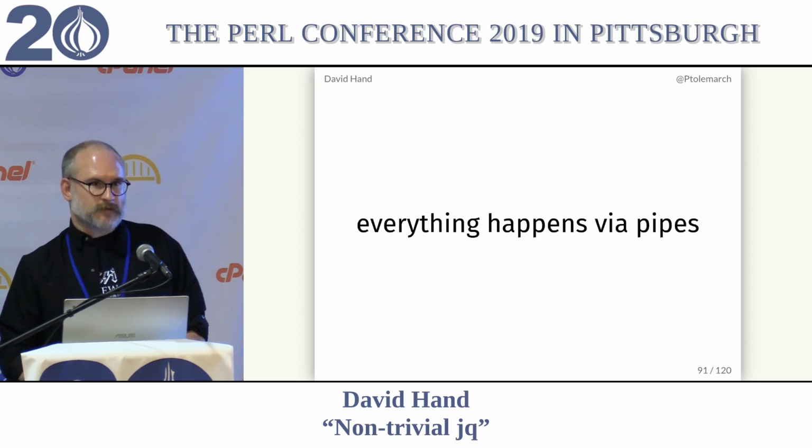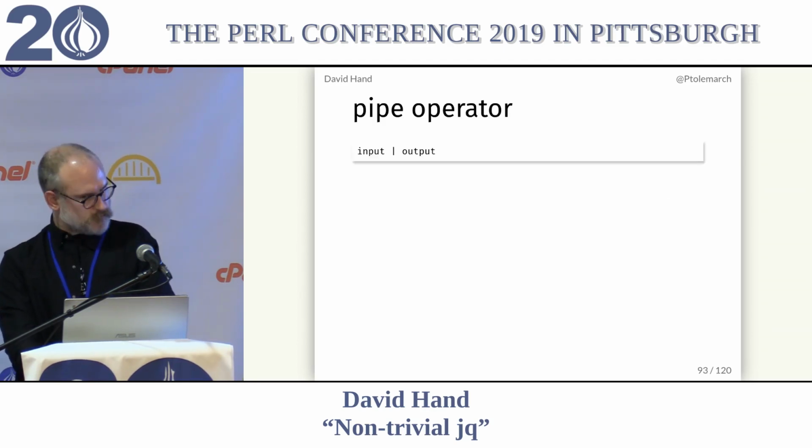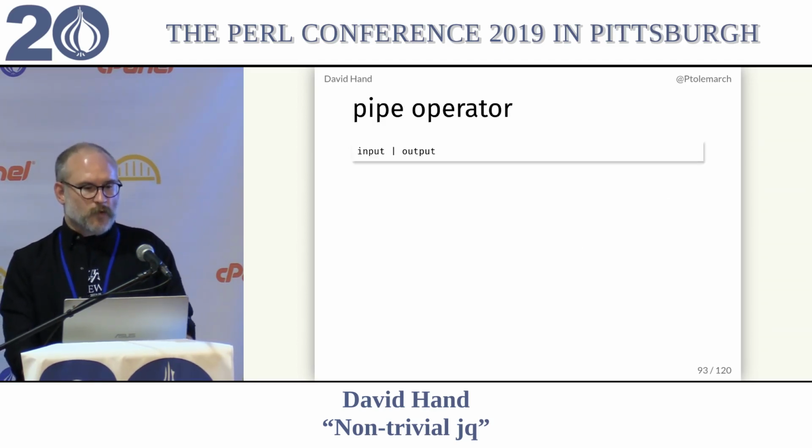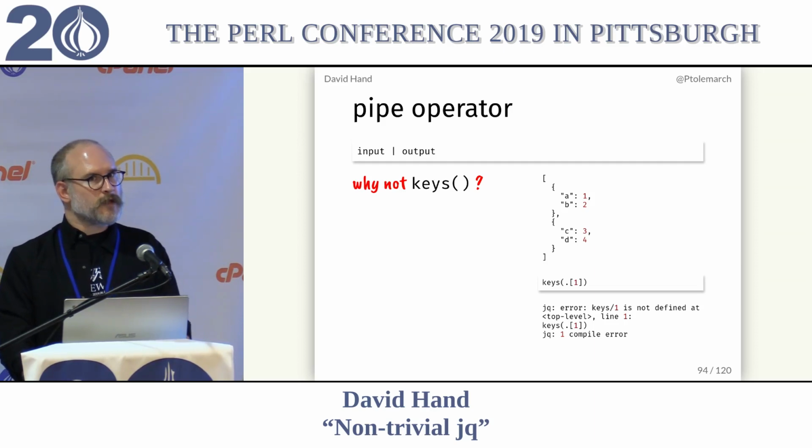Everything happens via pipes, right? This is not an object-oriented language. It's a functional language-ish. So why not keys with parentheses, right? Well, because that's just not how JQ does it. There are exceptions. They are rare, and they are weird.